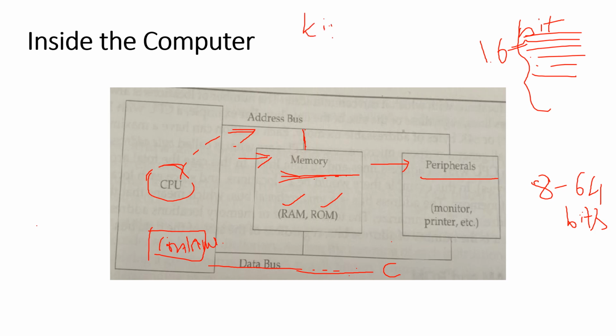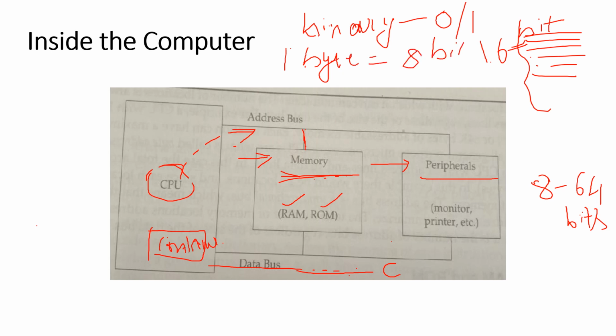A binary digit, you can call it a single bit, that is 0 or 1. 1 byte is equal to 8 bits. One nibble is nothing but 4 bits, or half of your byte.